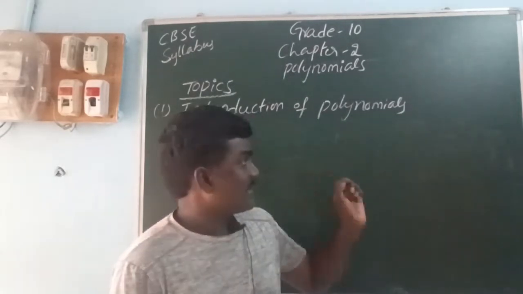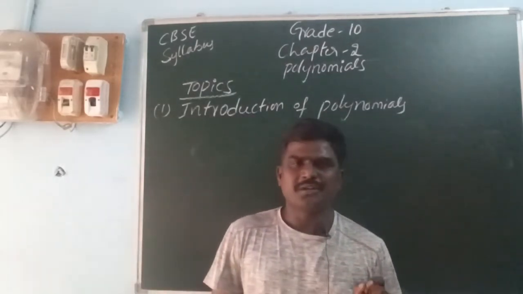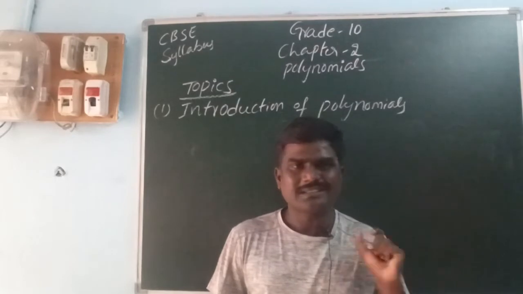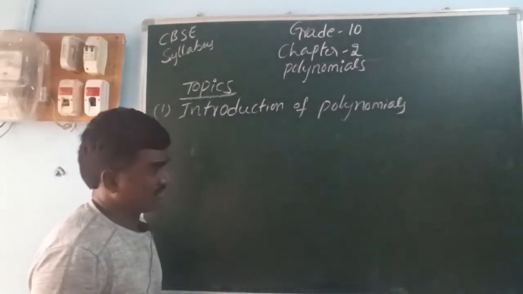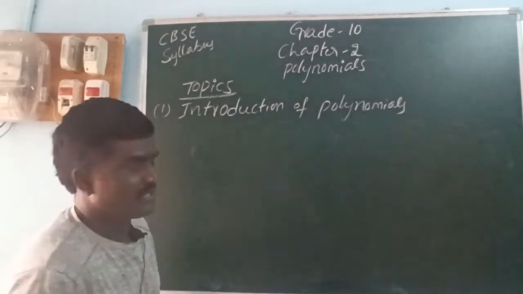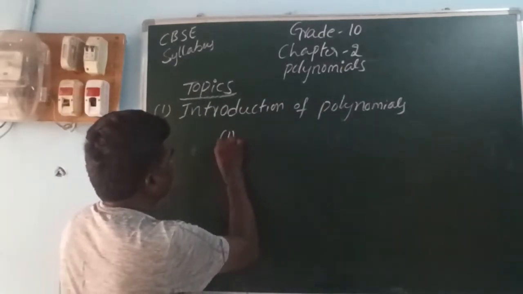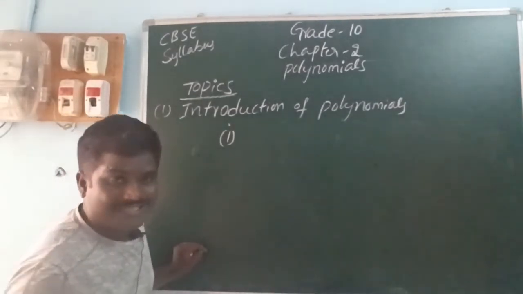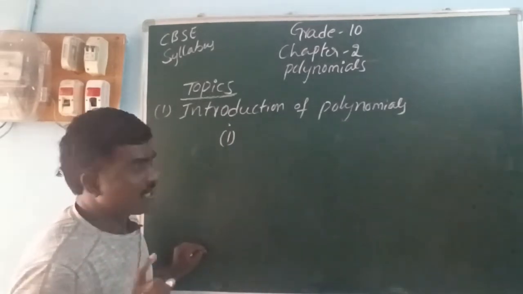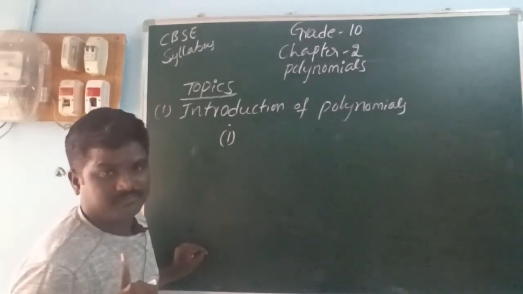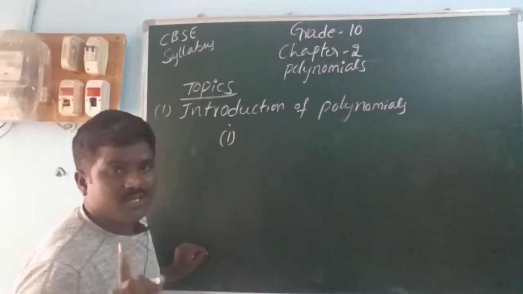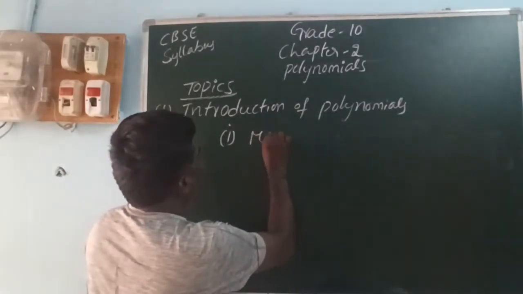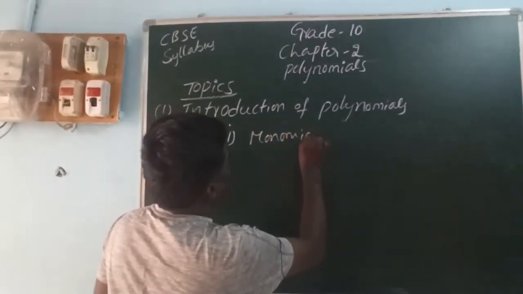Okay, here, types of polynomials based on terms. A polynomial having only one term, a polynomial having a single term, is called a monomial. So monomial means a single term.